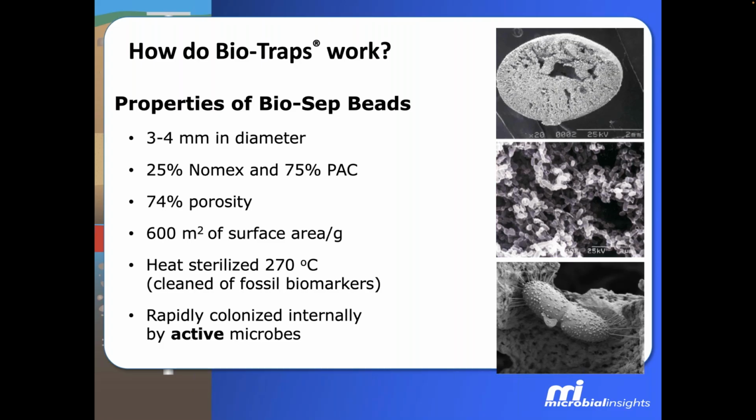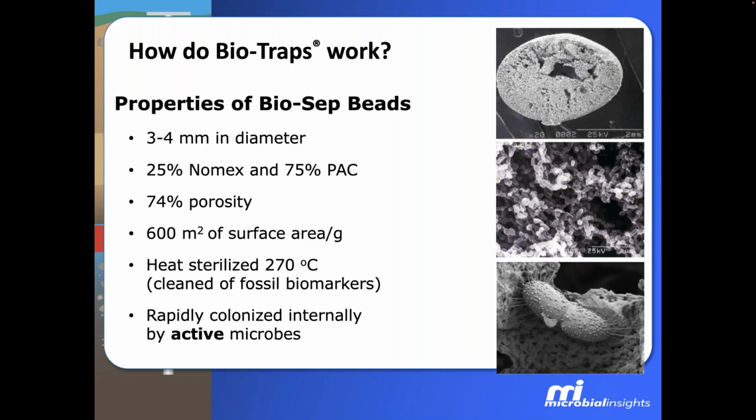And that should be important to you, because that means that they can be thoroughly cleaned of fossil biomarkers, so that you know that not only are they sterile when they come to you, but they're clean of these fossil biomarkers that might confuse the picture if doing biomarker analysis. And as I said earlier, they're very rapidly colonized by active microorganisms.